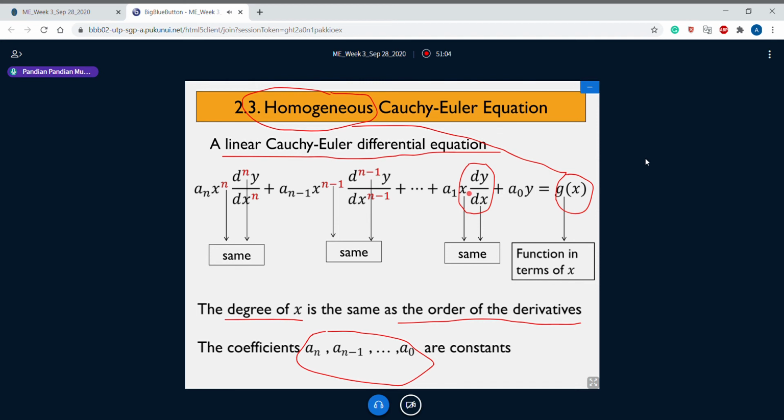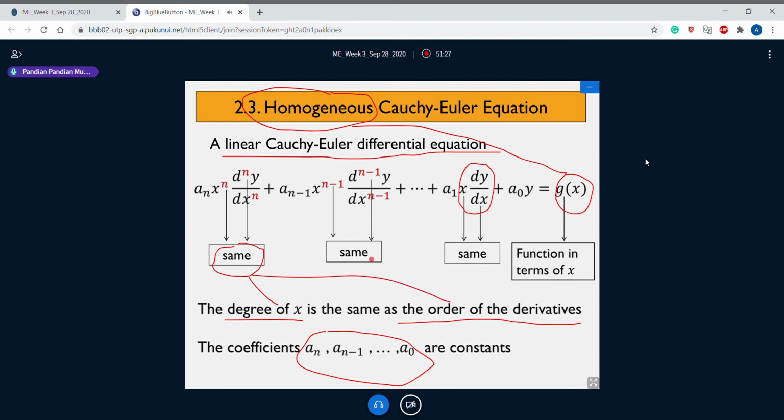If I put n equals 2, x squared d^2y/dx^2, then n is 2. Degree 2, order 2. That's why the word same. Same meaning what? Same meaning the degree of x and the order.